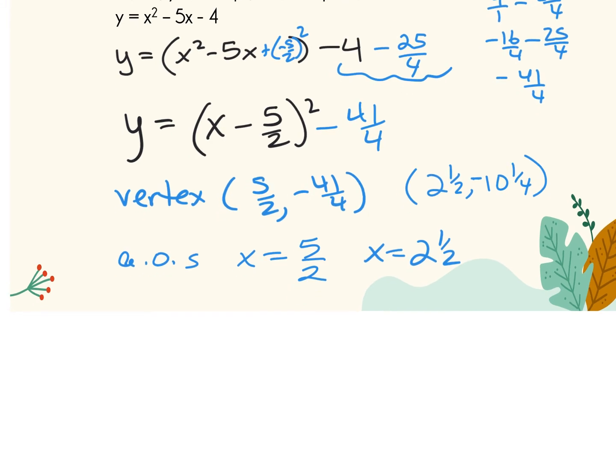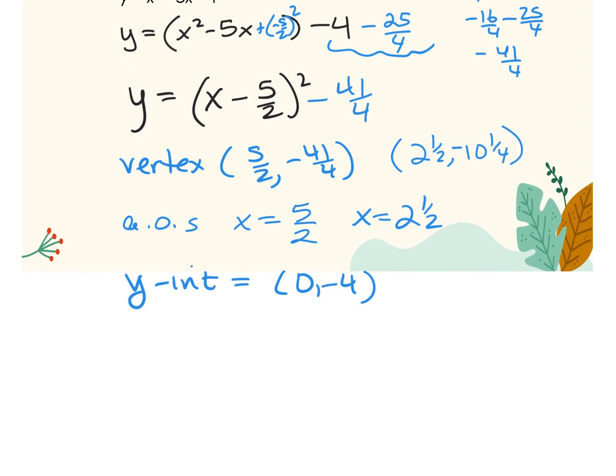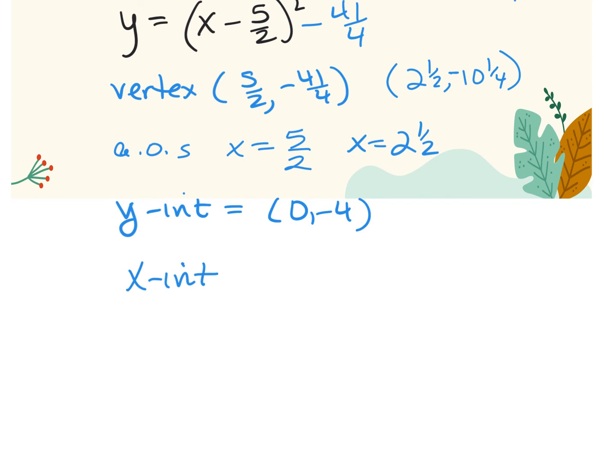Now, for my y-intercept, I can go back to the original, and it's 0, -4. For my x-intercept, that can't be factored, so I would have to do completing the square or the quadratic formula.